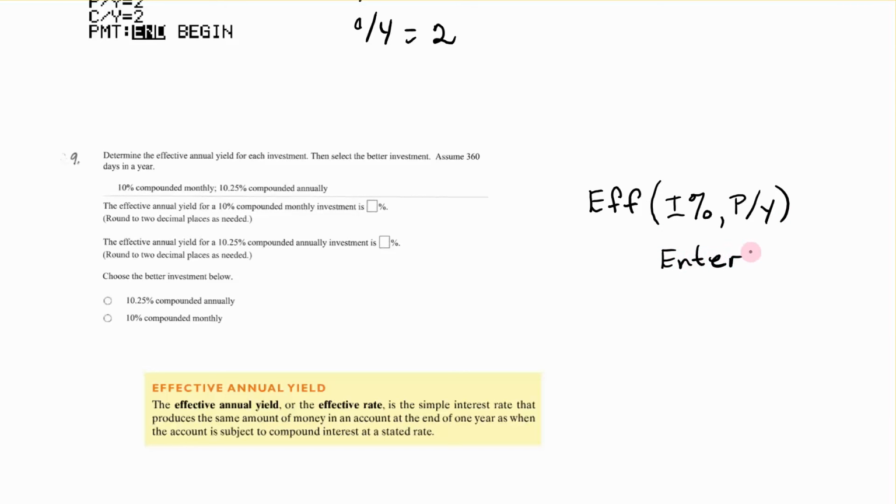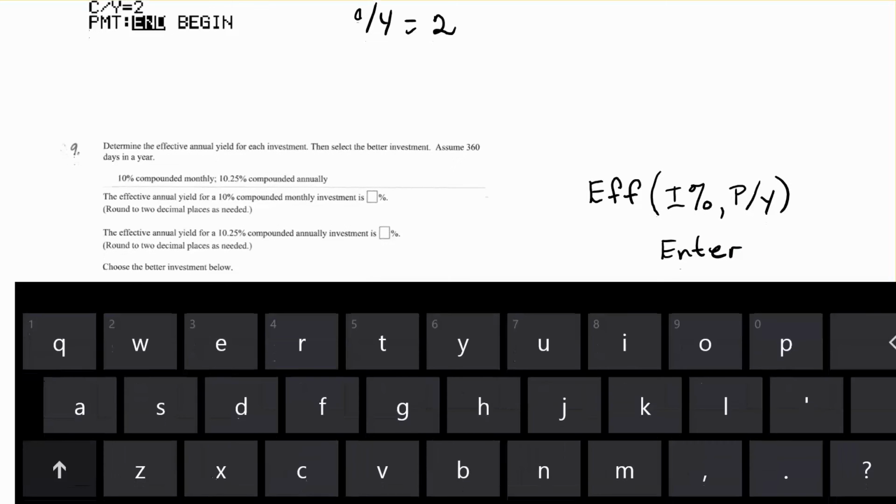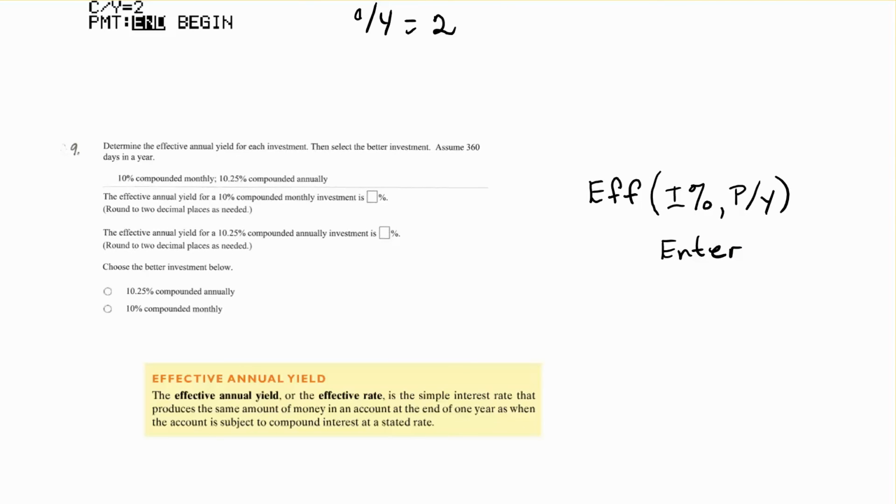So let's do that. We're going to do 10% compounded monthly, little n is 12. Periods per year is 12.